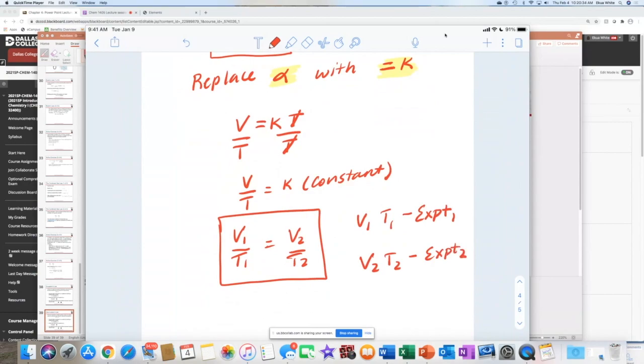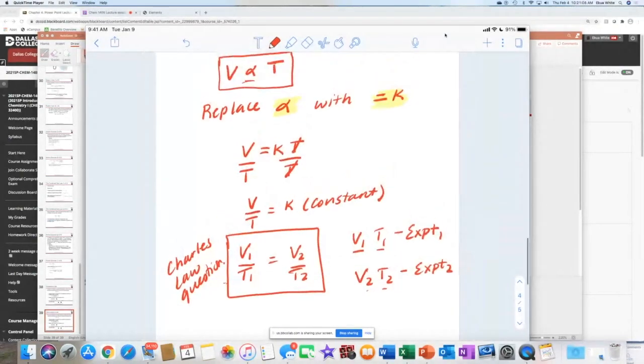So V1, T1 goes with experiment 1, V2, T2 goes with experiment 2. So you're taking the same gas sample and subjecting it to maybe a volume V1, temperature T1, and then you're changing the temperature, which changes the volume, or vice versa. Anyway, if you're asked Charles' law questions, use this equation.